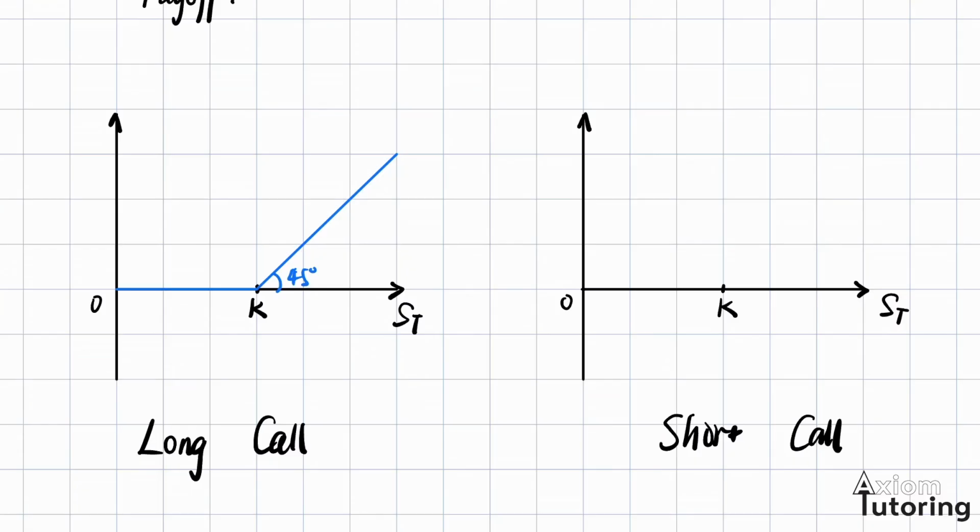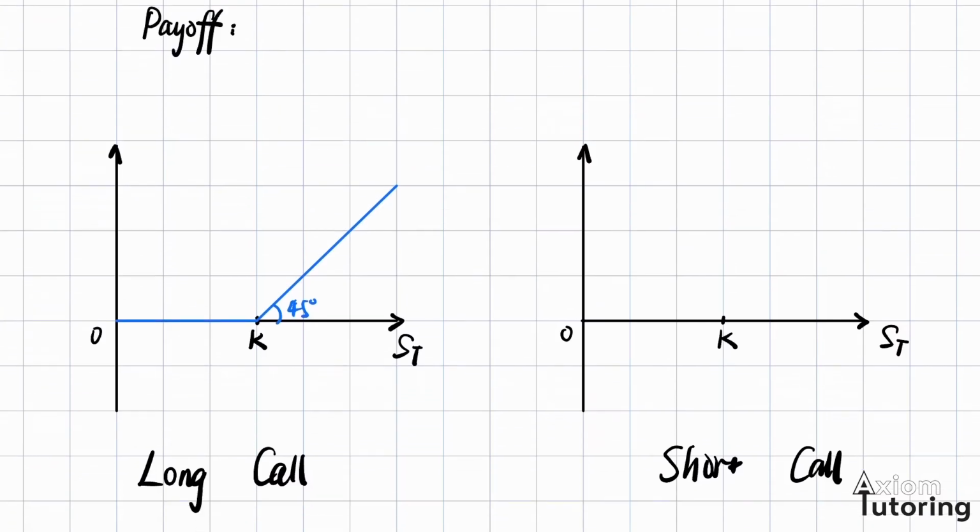Okay, so naturally you will think this will be the mirror image, or the rotated image of this graph around the x-axis. So the payoff for the short position would be a 45-degree line, but downwards in this case.